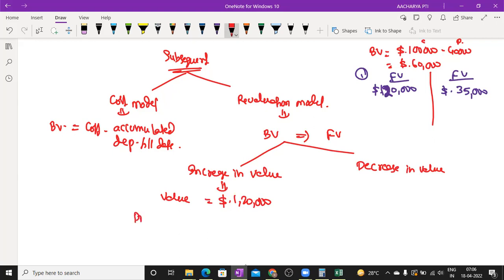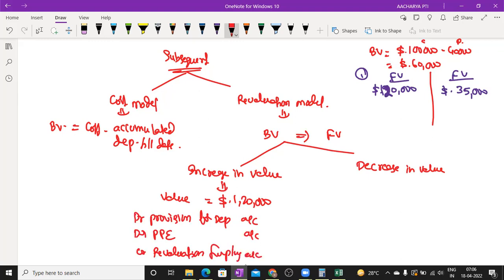Then we write the entry: debit provision for depreciation account, debit property, plant and equipment account, credit revaluation surplus account. Here the revaluation surplus is 60,000. First transfer to provision: provision for depreciation of 40,000 is written off completely. Then the excess amount is transferred to property, plant and equipment, nothing but cost.